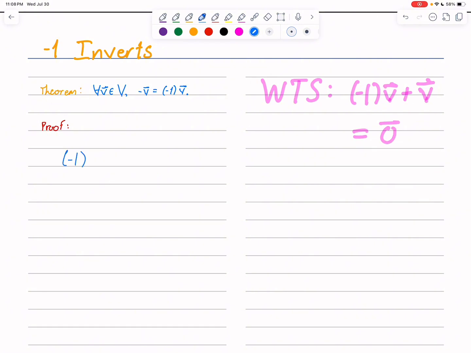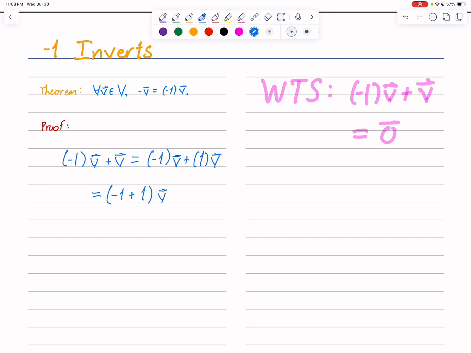So if we take -1 times v and we add v, what can we say about that? Well, it seems natural that we would try to factor, right? Both terms have a v in them. Let me go ahead and write the other one with an explicit scalar on the front of it, so that now it becomes very explicit what is going on when I factor. When I factor, I get -1 there, I get 1 there, and v factored to the outside.